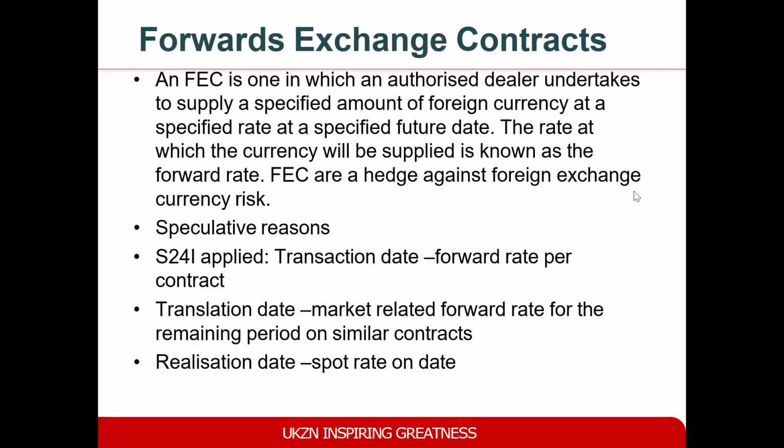One, for the forward exchange contract or the hedging contract, you've got to use the forward rate per contract. It will be given to you. On a translation date, which is year end, you will be given a market-related forward rate for the remaining period of a similar contract. At a realization date, you will have to compare the spot rate with the translation date rate to see whether there was a difference, a gain or loss.